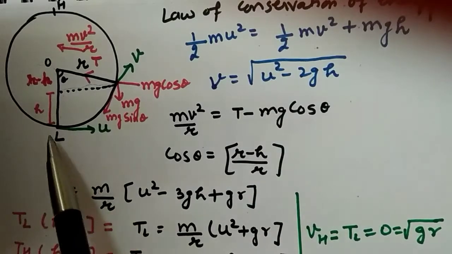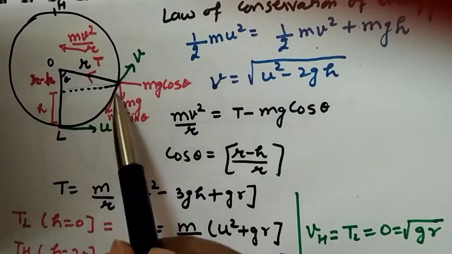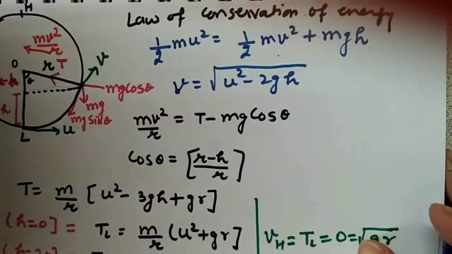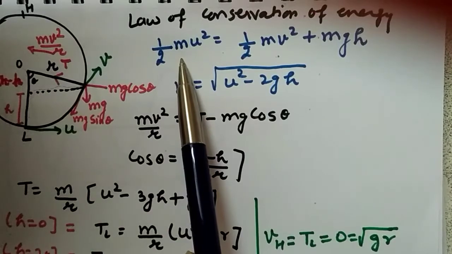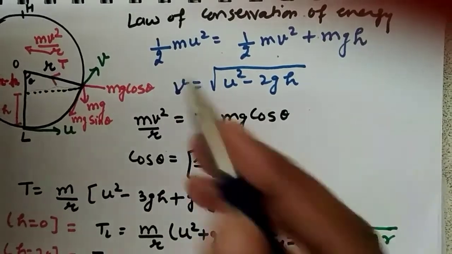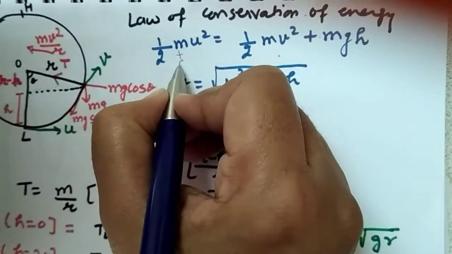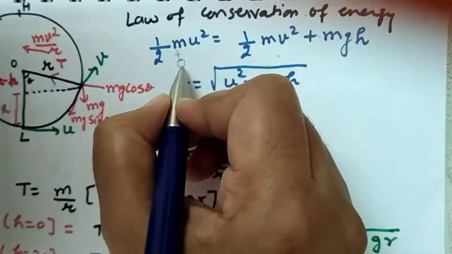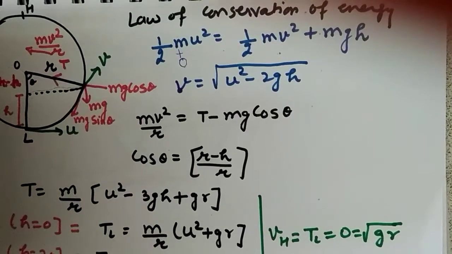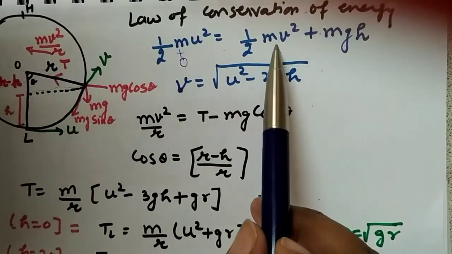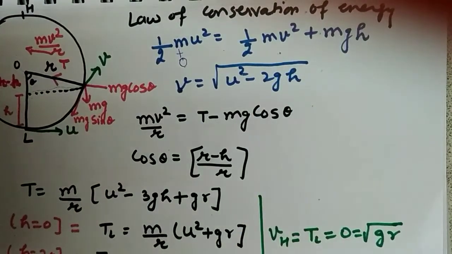Now for this equation I am using the principle of conservation of energy. The initial energy is half m u square. At the lowest point my potential energy will be 0, so initial kinetic energy plus initial potential energy equals final kinetic energy plus final potential energy.